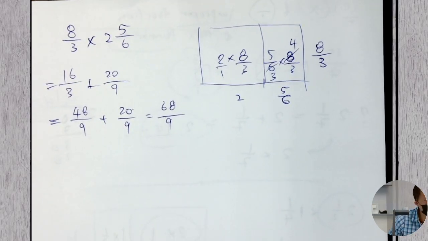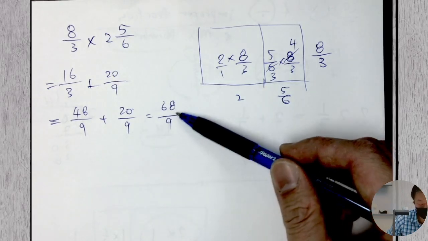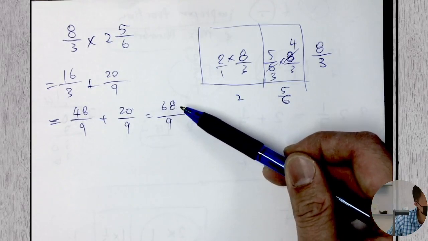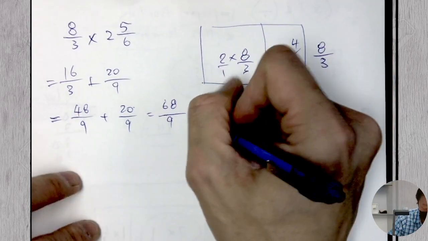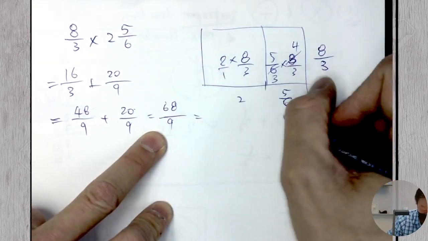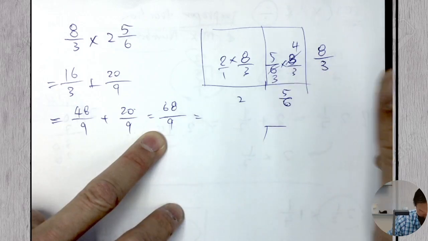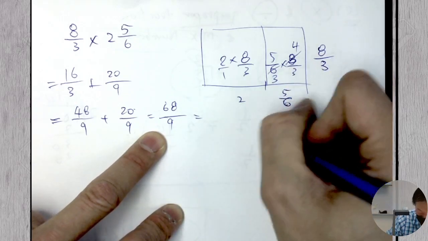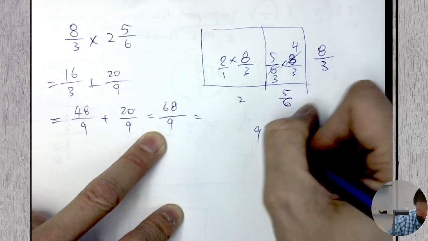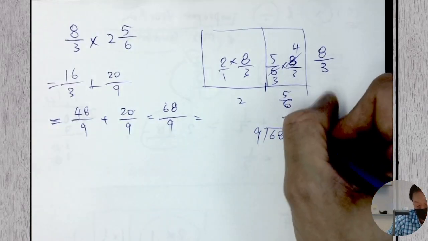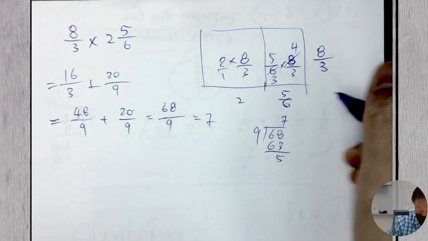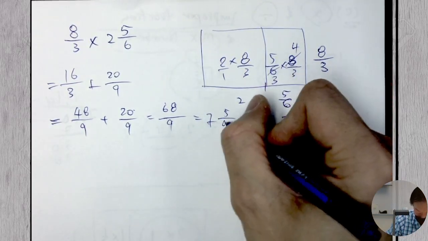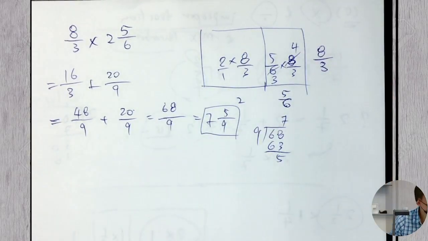Can I reduce this? 3 is my only choice, but does 3 go into 68? 6 plus 8 is 14. No, it doesn't go. Then I just have to change this to a mixed number. 68 divided by 9, 7 times, I got 5 left. This will be 7, and 5 over 9 will be my final answer.